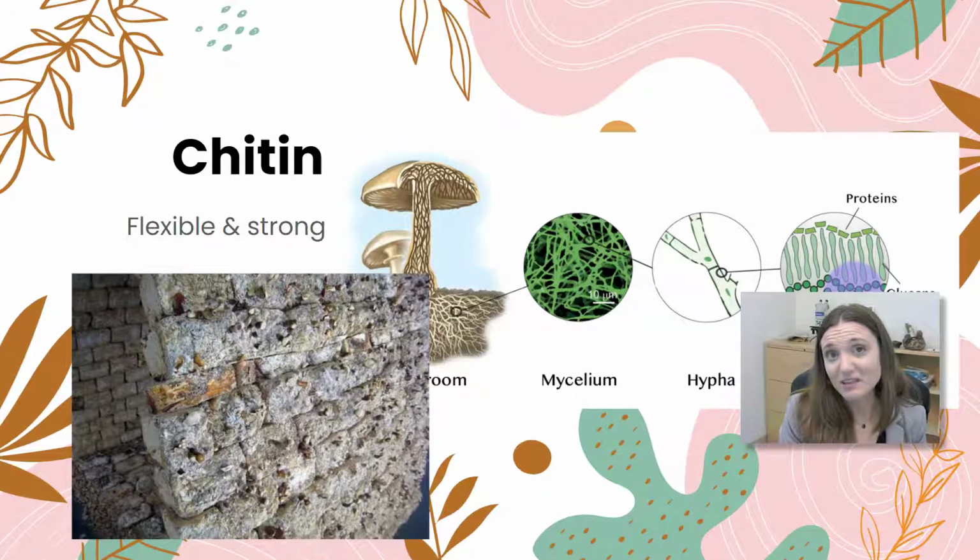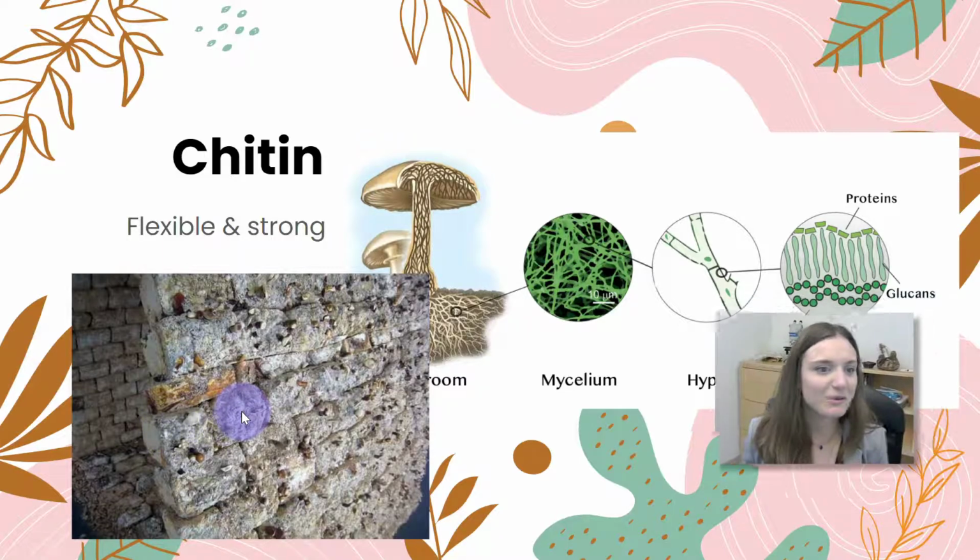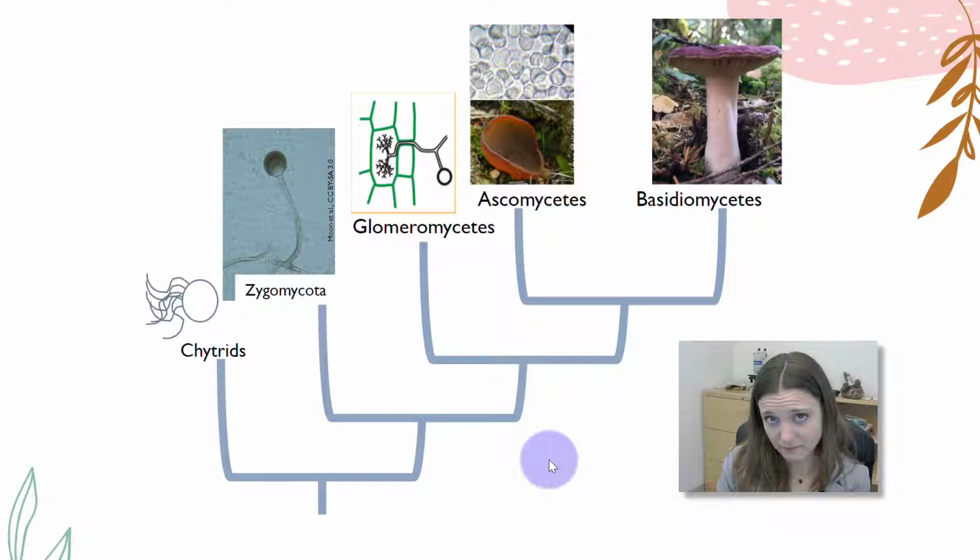Okay, in some studies it's been shown to be stronger than concrete, so we could actually use fungi mycelium to make building material. How awesome is that? Like the most eco-friendly building material ever. That's kind of what's going on here. This one's actually still alive, so we still got some budding going on, some mushrooms coming up. But we can form it into bricks and then build it like we would a house. Pretty cool, huh?